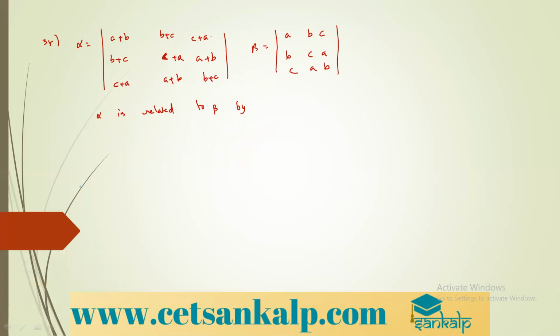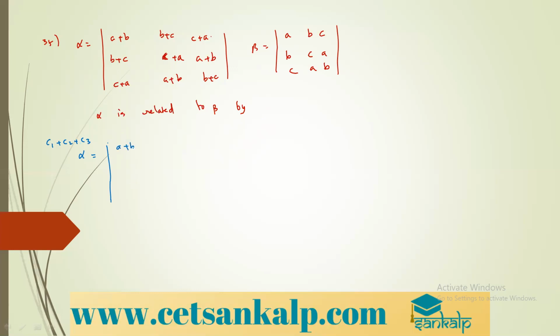So what we will do is we will take alpha and I will simplify alpha. How? I will just take some operations. Like I will add C1 plus C2 plus C3.